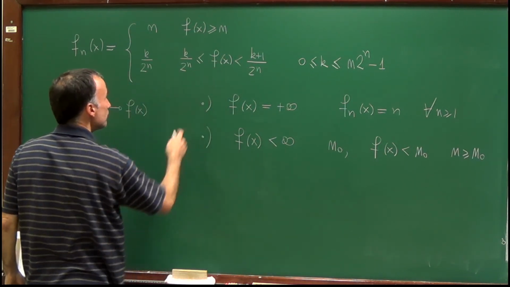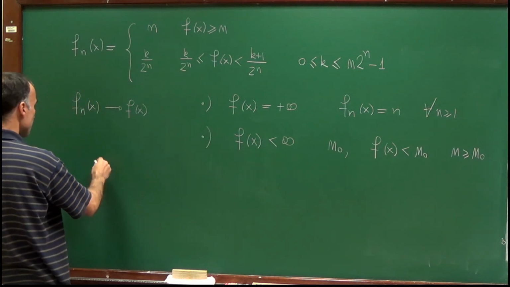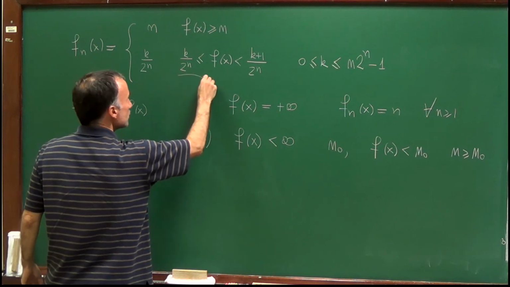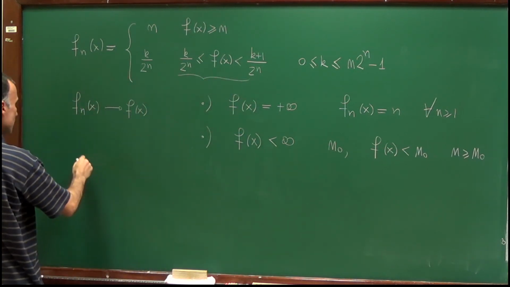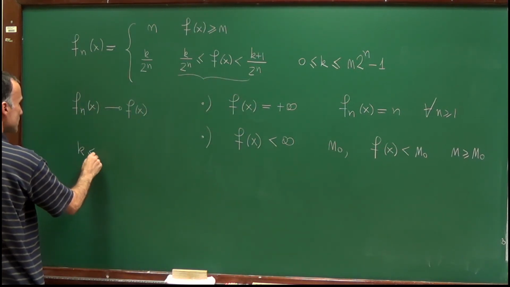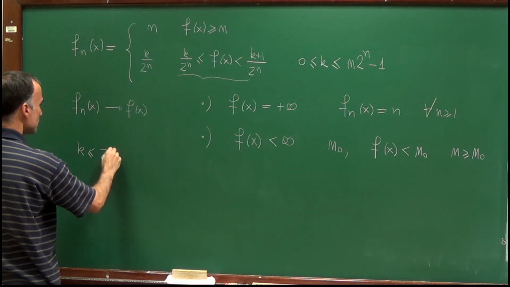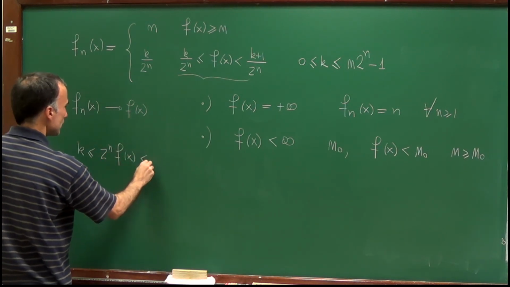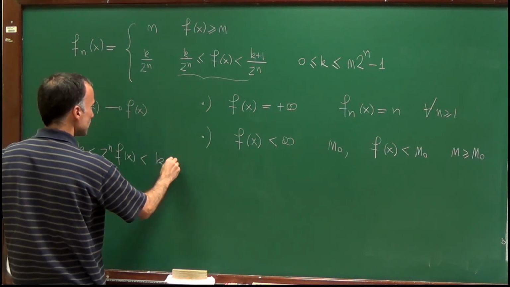So you see that in this case, what is the definition of Fn of x? This condition here means that k is less than or equal to 2 to the power n times f of x, which is smaller than k plus 1.